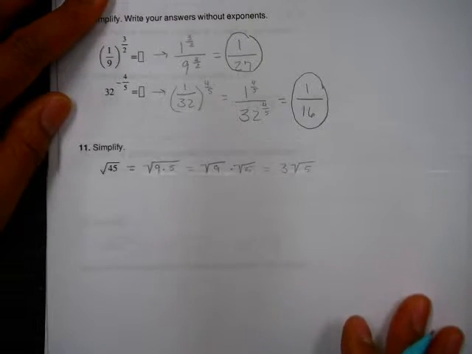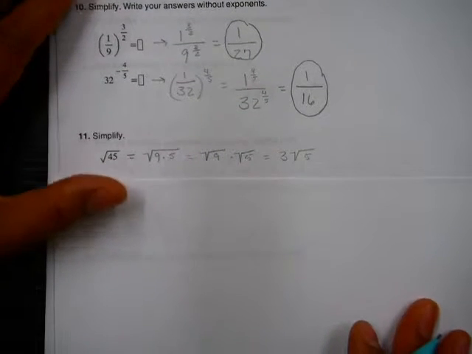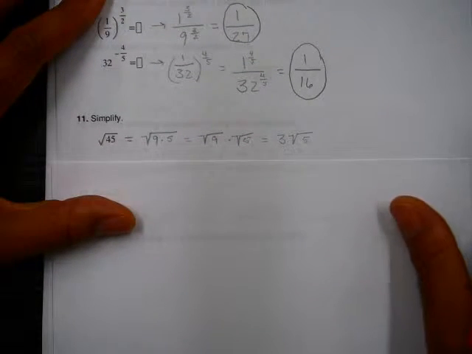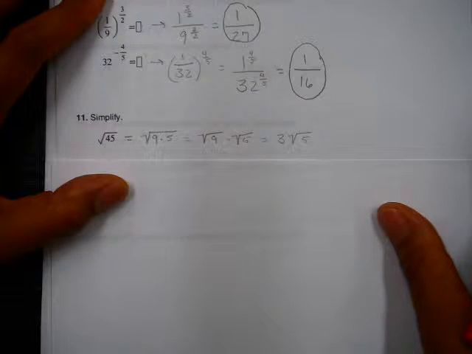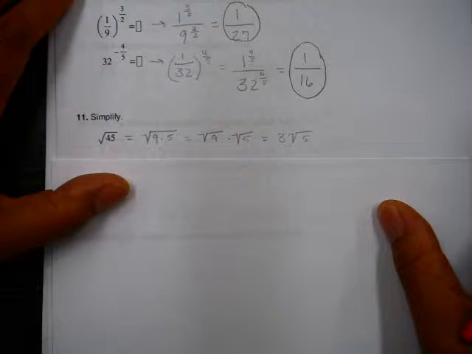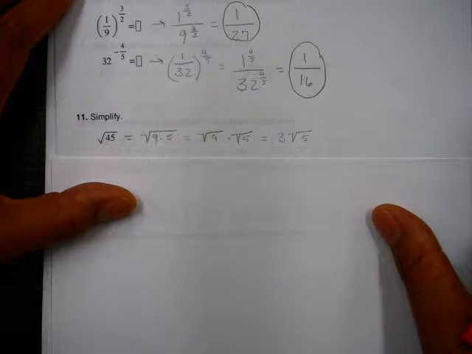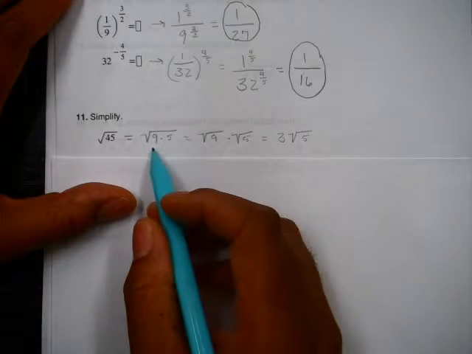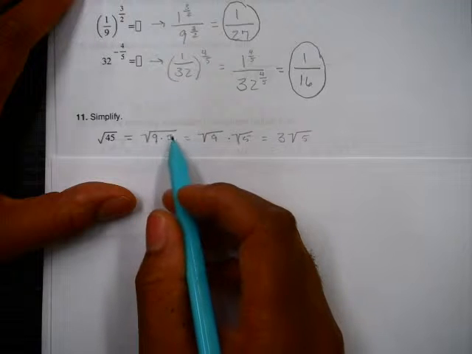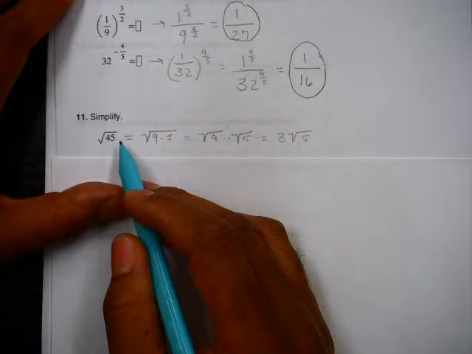Okay? Next type of problem is where they want us to simplify a radical. Alright, so the first thing I need to do here is with the square root of 45. Now the square root of 45 is not a perfect square. So 45 is not a perfect square, but it has a factor that is a perfect square. Okay? So when I think about the factors of 45, I come to 9 times 5. 9 times 5 gives me 45.